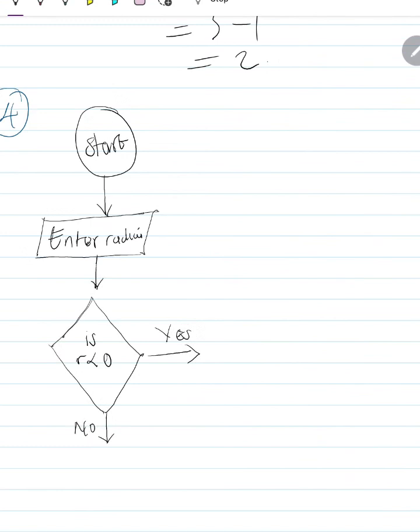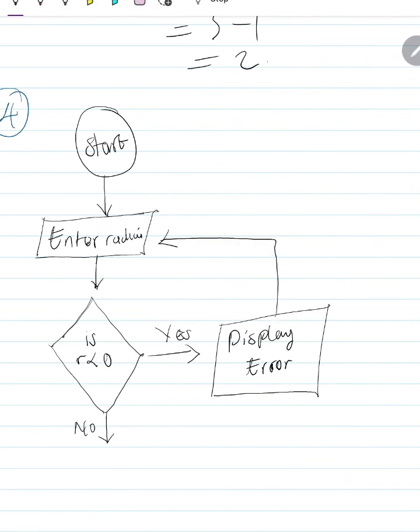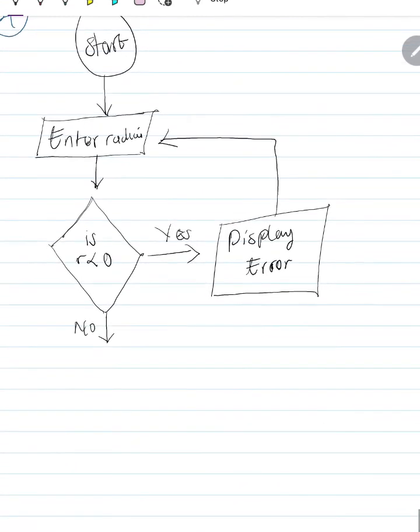Okay, so if it is yes, what is the information that you are given? So if it is yes, you are going to display error. Okay, and enter positive radius. Okay, so you display error and go back to where you started from. Okay, now if it is no, you have to enter a slant height.